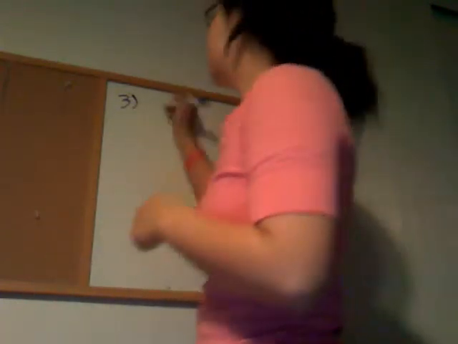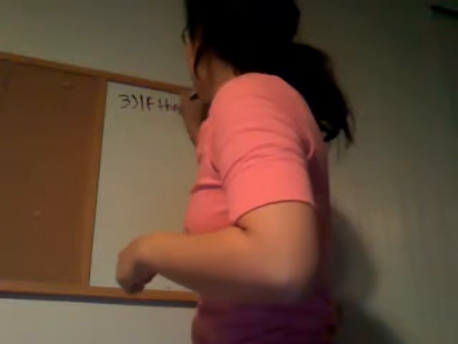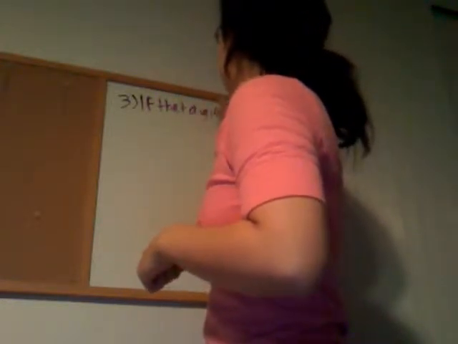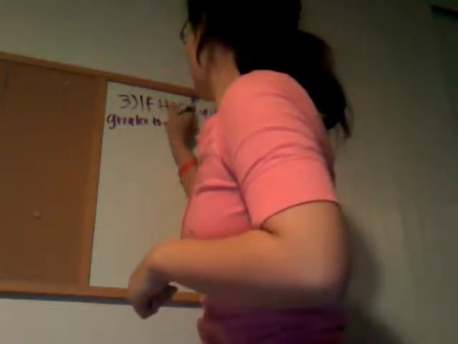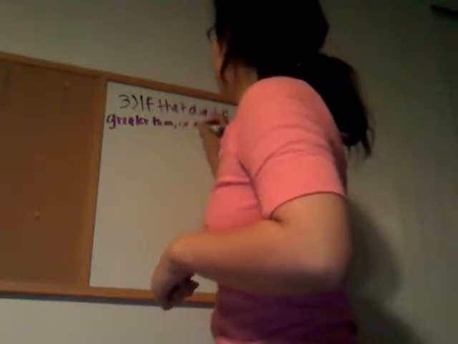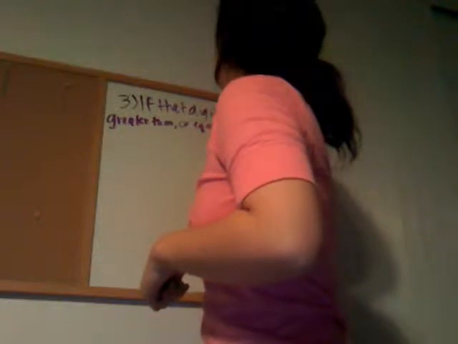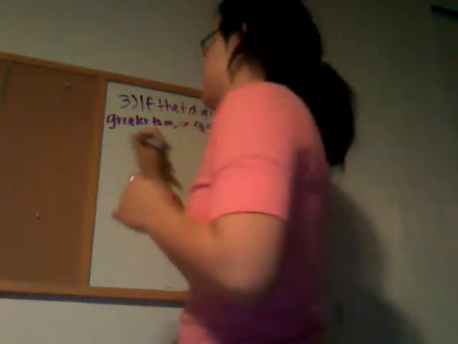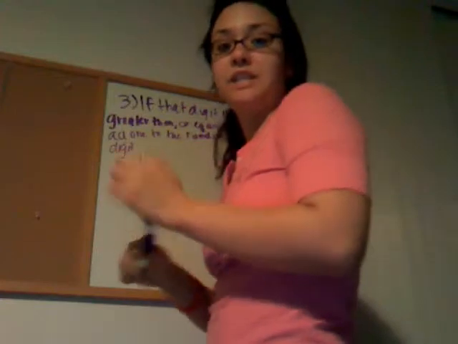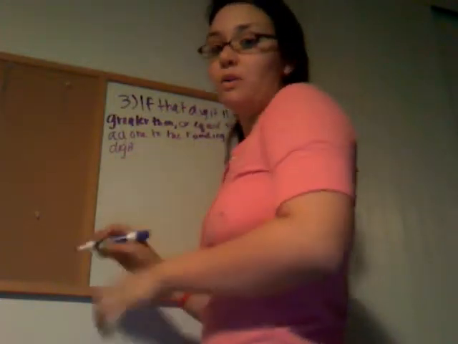If that digit is greater than or equal to 5, add 1 to the rounding digit, and drop all digits to the right.